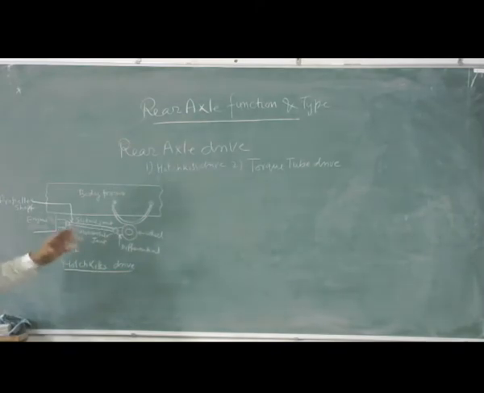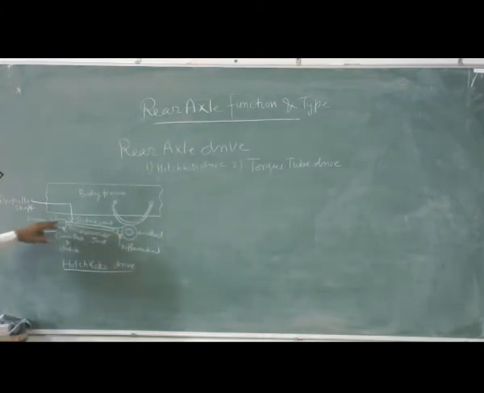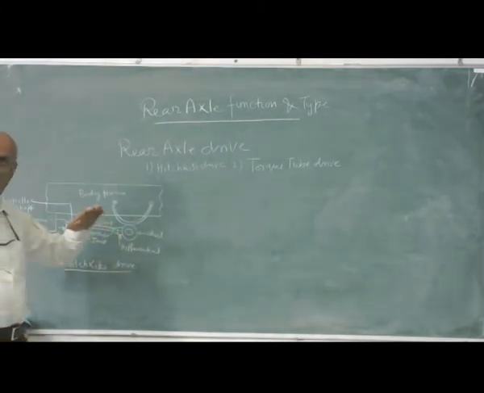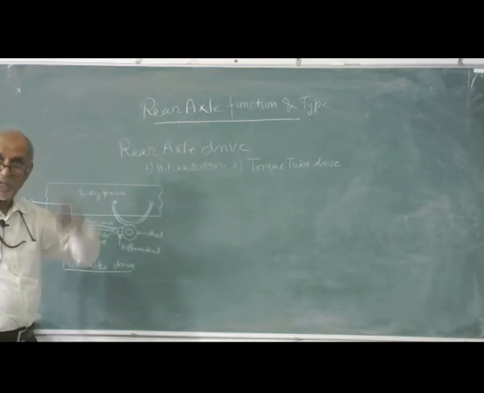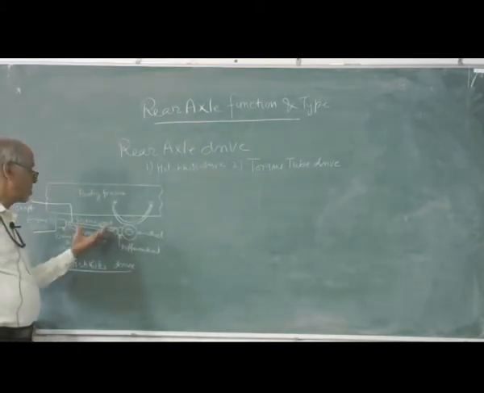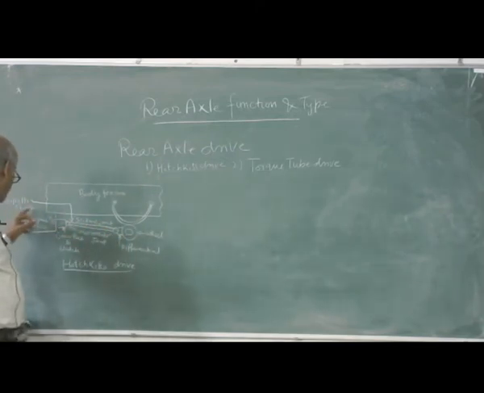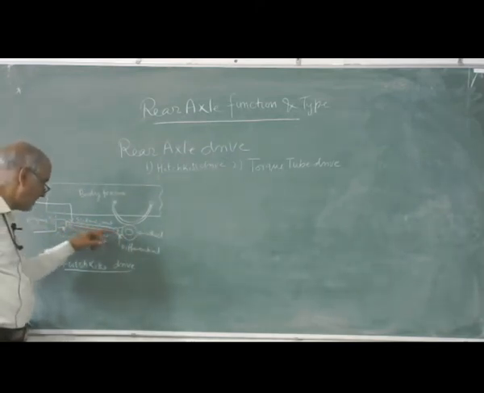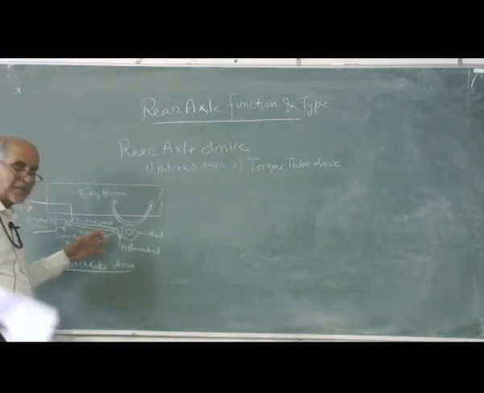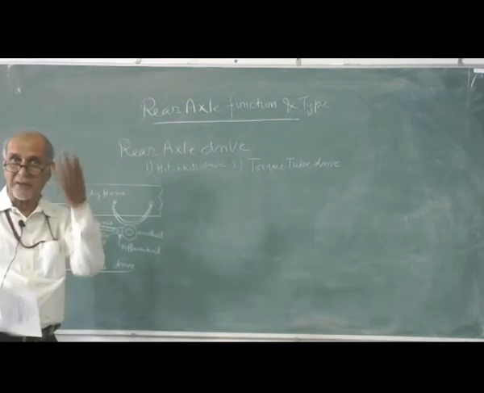Sliding joint, what I mean is, when there is a jerk on the rear wheel up and down, this propeller shaft has to adjust with the motion of the jerk. So the distance may be shortened, the distance may be lengthened. This propeller shaft has got a splined joint on it which adjusts whenever there is a jerk on the rear wheel.